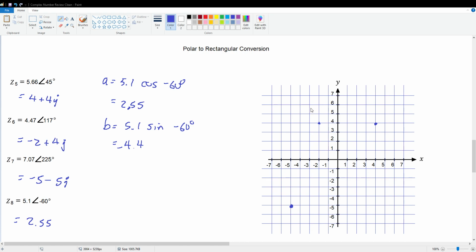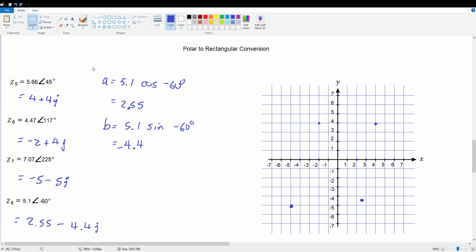We got negative 0.866. Okay, that makes sense. I forgot to put the negative sign, but it does give us negative 4.4. So we've got 2.55 minus 4.4 times j. All right, so 2.5 and negative 4.4. That point would be about here. So here are our 4 points representing these complex numbers.